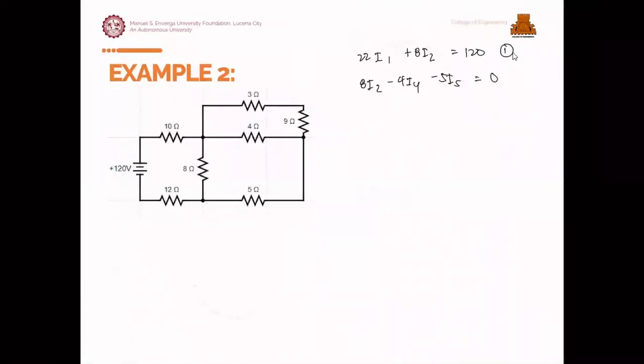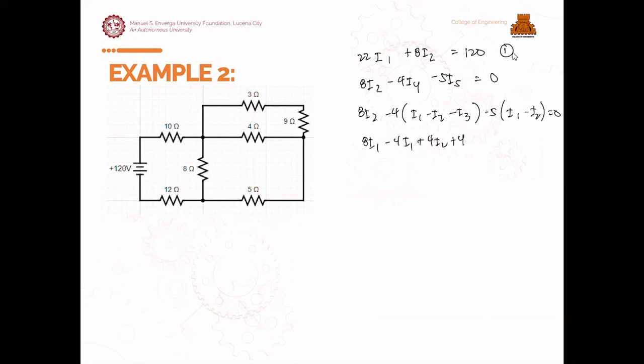So, 8I2 minus 4 times I4 natin is I1 minus I2 minus I3 minus 5 times I1 minus I2 is equals to 0. Okay? So 8I2 minus 4I1 plus 4I2 plus 4I3 minus 5I1 plus 5I2 is equals to 0.